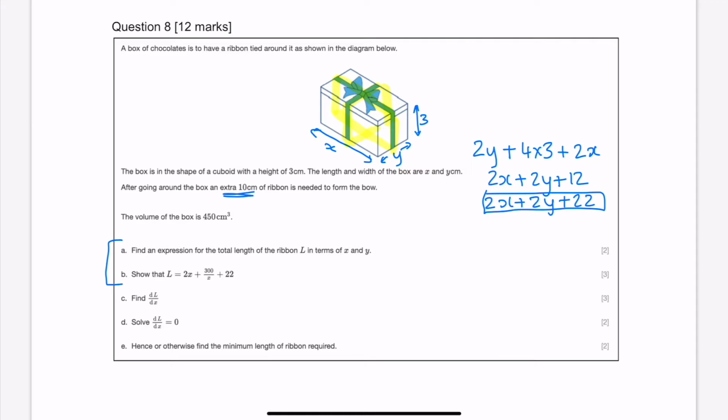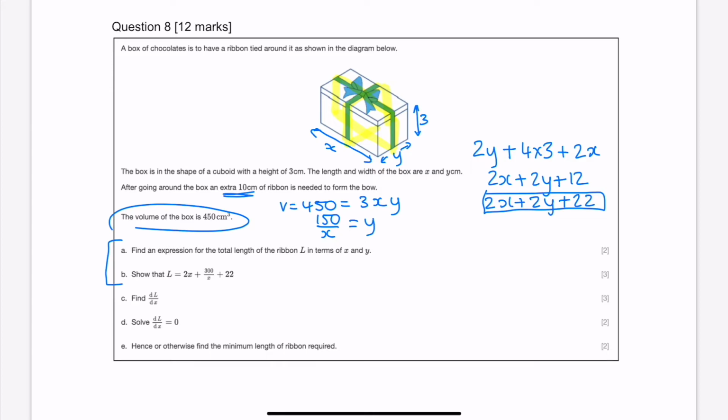And then I need to show that L, the length of the ribbon, is equal to 2x plus 300 over x plus 22. So to do this, I need to use the fact that they've told me that the volume is 450. So the volume is 450, which is also equal to 3 times x times y. So if I rearrange that, then I know that y is equal to 150 over x. So all I'm doing here is dividing by 3x.